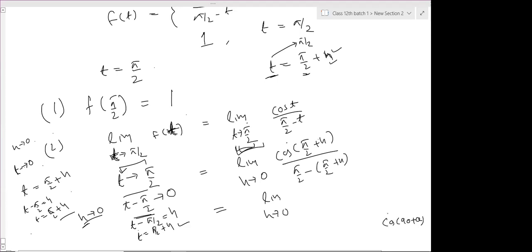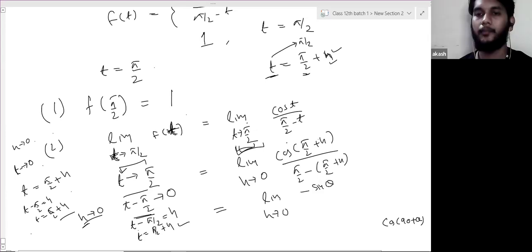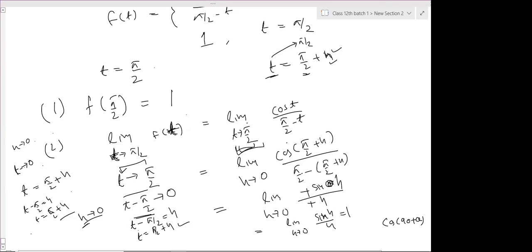Minus sin theta. So minus sin h. In the denominator, pi by 2 minus pi by 2 is cancelled, leaving minus h. Minus minus becomes plus. So limit h tending to 0 of sin h upon h, and this is 1. This is the formula.